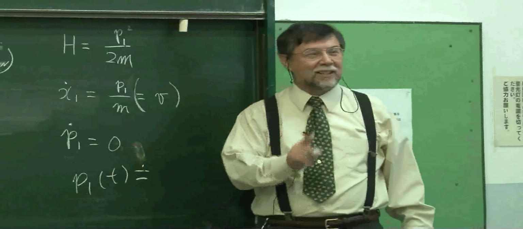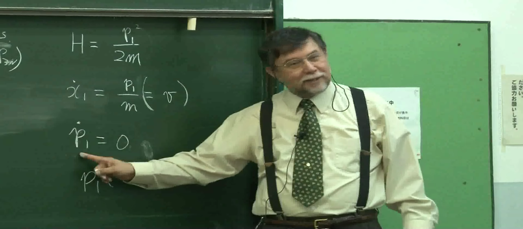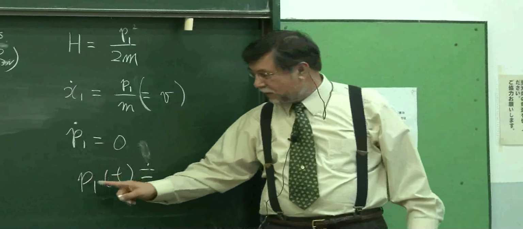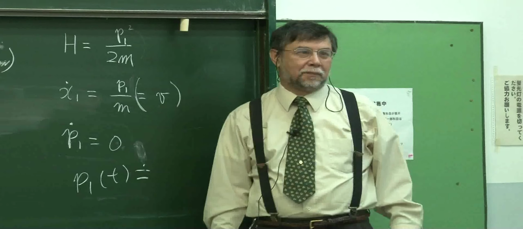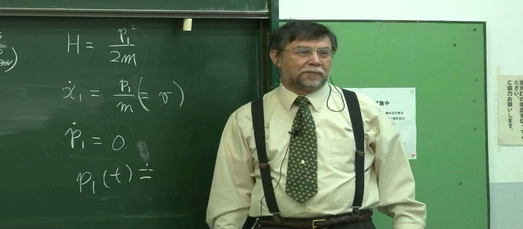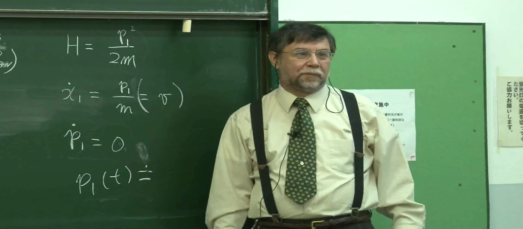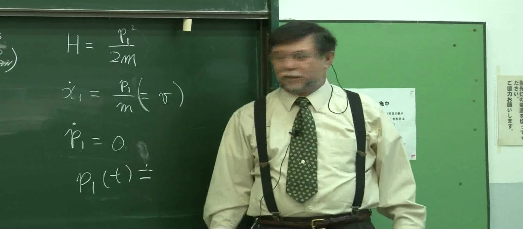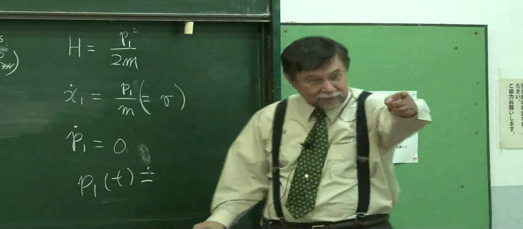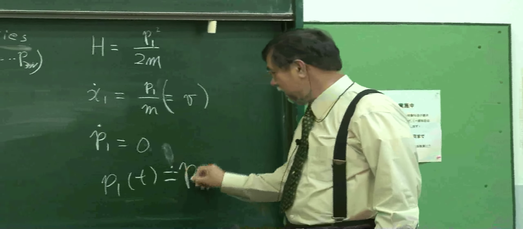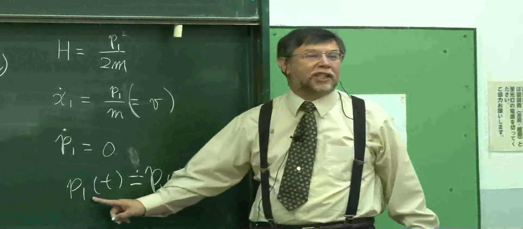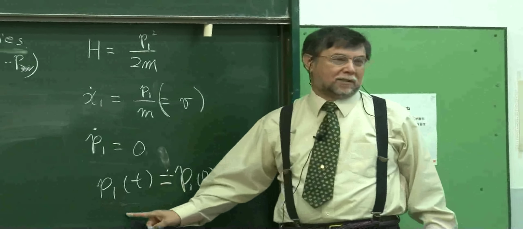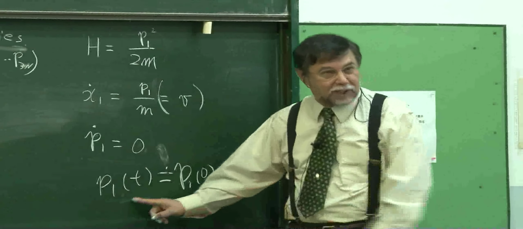If time derivative of the momentum is 0, then what is the time dependence of the momentum? I mean, correct. There is no change in time. Okay? No change in time.